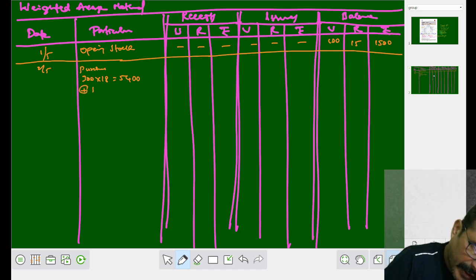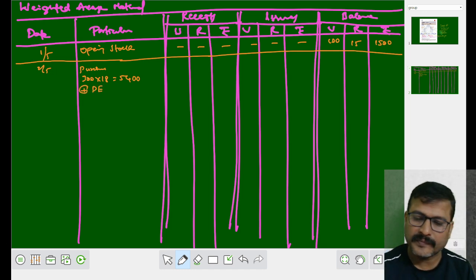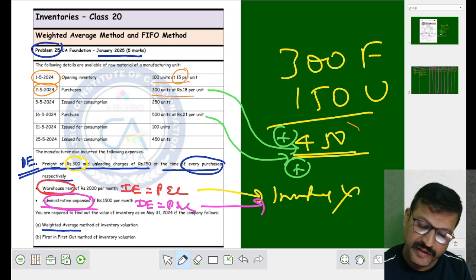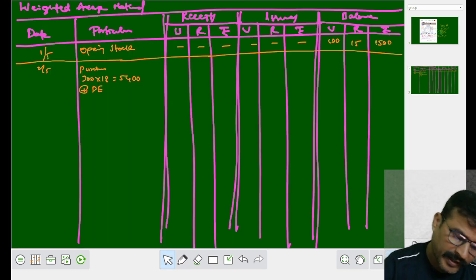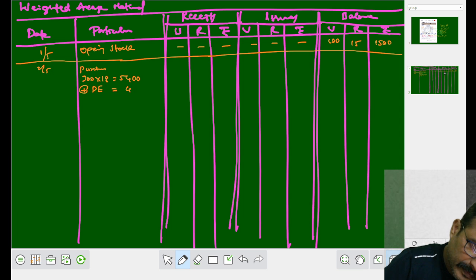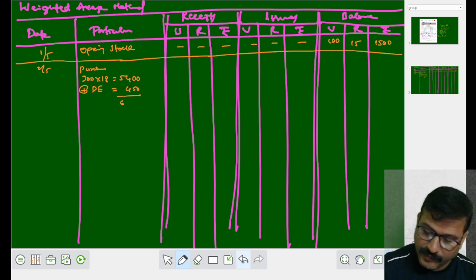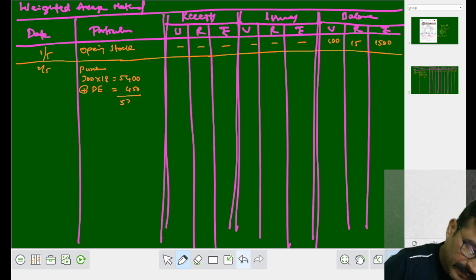For this we have to add direct expenses. What about the direct expenses, my dear children? Direct expenses are 450 for every purchase. It comes to 5850 you purchased.